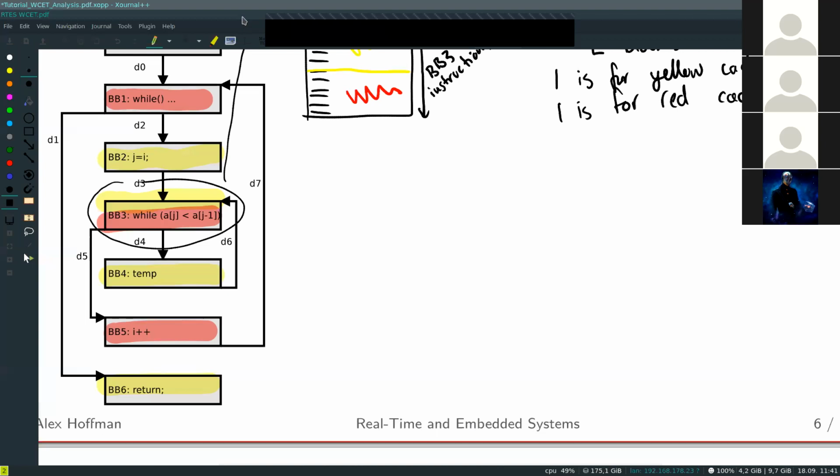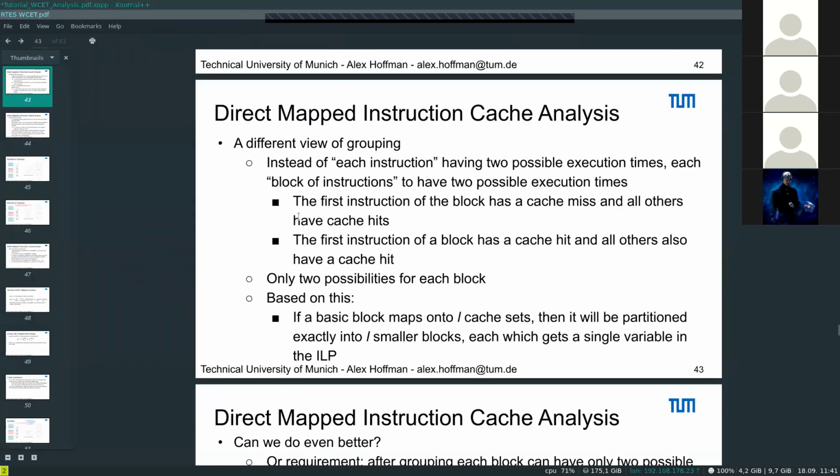So if we look back to the lecture notes, the whole idea of doing this sort of worst case execution time when we're dealing with caches is to group instructions into a group where they share the same hit and miss characteristics.